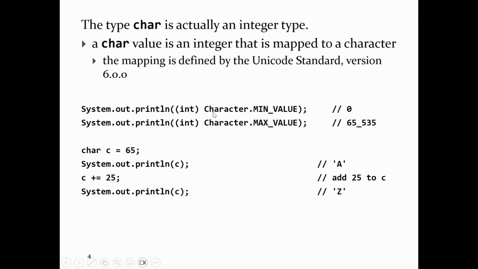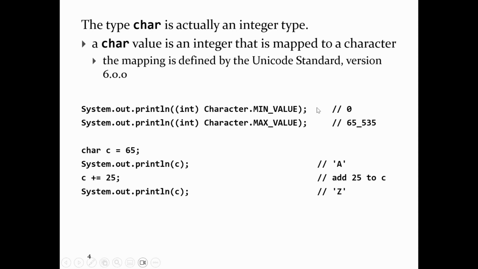So if characters are just integer values, that means they have the same limitations that other integer values have in the Java language. There's a minimum value and a maximum value. The class that corresponds to char is confusingly not called capital-C Char. It's called capital-C Character. So Character.MIN_VALUE stores the smallest char value, and Character.MAX_VALUE stores the largest char value.